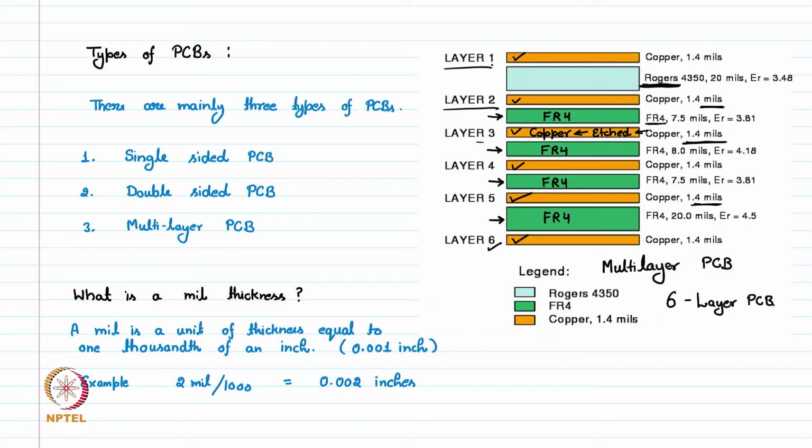So here we see we have multi-layer PCBs where the thickness of these substrates is generally given in mils, because in production we want to use the mil as a standardized unit. Mil is nothing but the 1,000th piece of an inch. So 1 inch, if you divide it 1000 times, then this is called a mil, and you can convert easily anything from mil to inch or inch to mil.